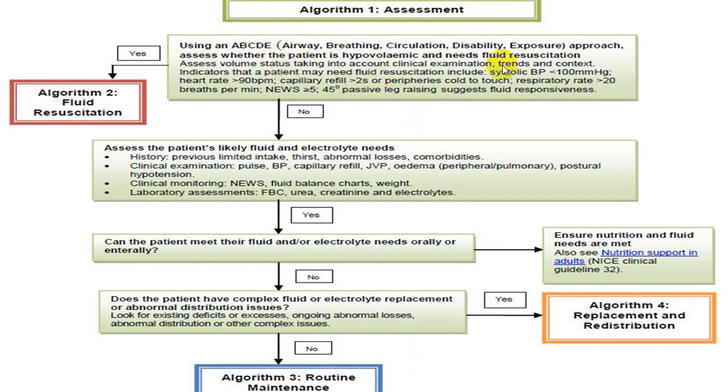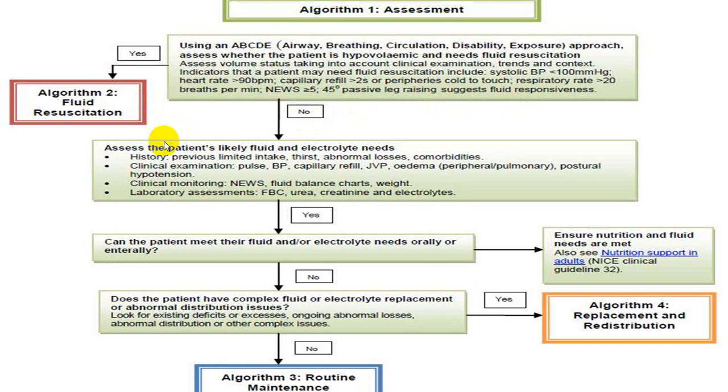If systolic blood pressure is less than 100, heart rate is more than 90, capillary refilling time is more than 2 seconds, peripheral extremities are cold and clammy, respiratory rate is more than 20, and NEWS score is more than 5, and temperature, if you do passive leg raising at 45 degrees and there is no fluid responsiveness, this will suggest that the person requires resuscitation.